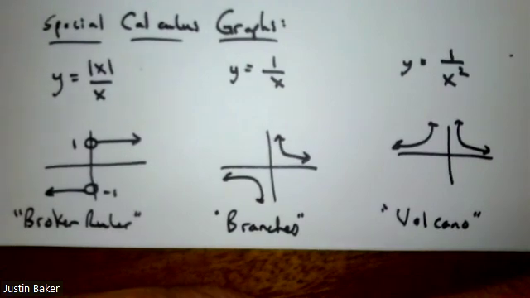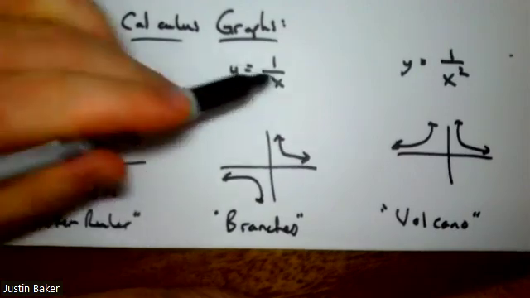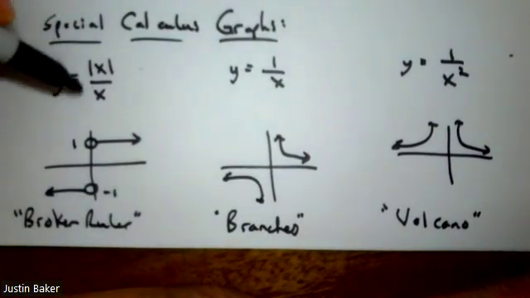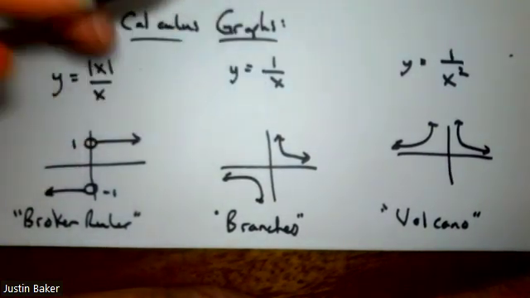So obviously I can ask you limit questions from these 3 graphs. So we could say from the left, from the right, so on and so on. So let's go through and try some of those and see what we come up with.